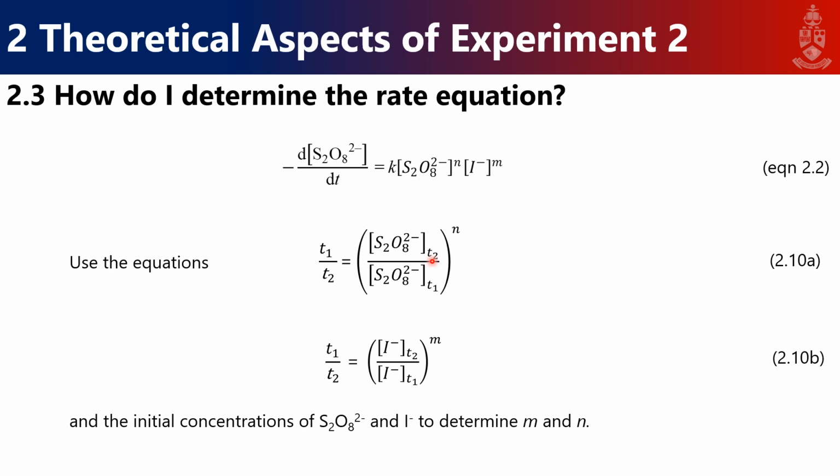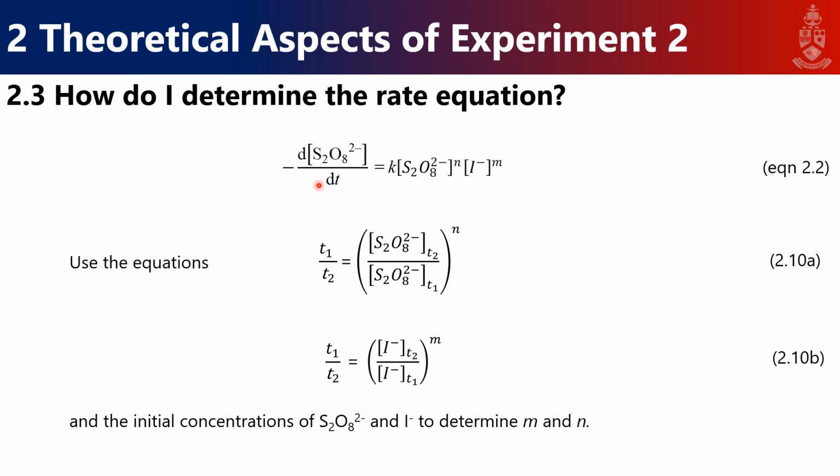I will also repeat that when I show you the example of the calculation. Also note that here you've got an inverse relation. So you have time 1 divided by time 2, and here you've got concentration 2 divided by concentration 1. And that is because your rate is inversely proportional to time.